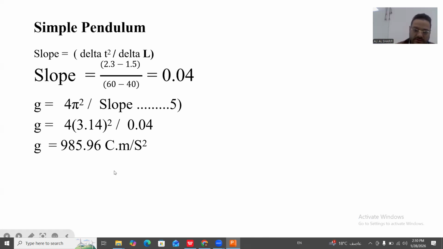You should think about it. Here with centimeters per second squared, not meters per second squared. That means it's a great calculation for us. It's equal to 9.859 meters per second squared. It's very near to the standard result.